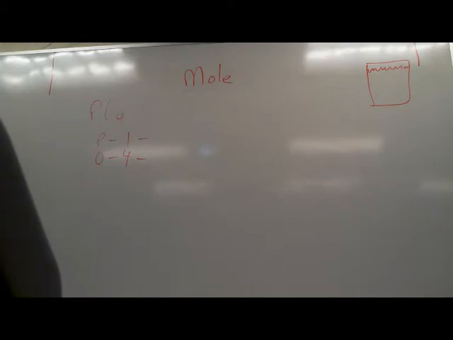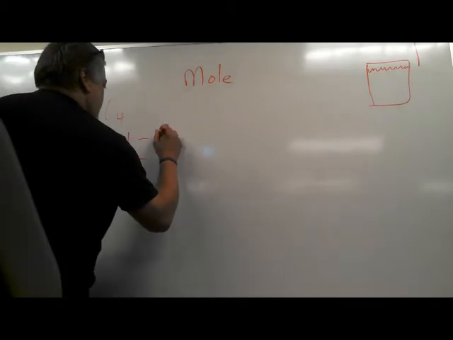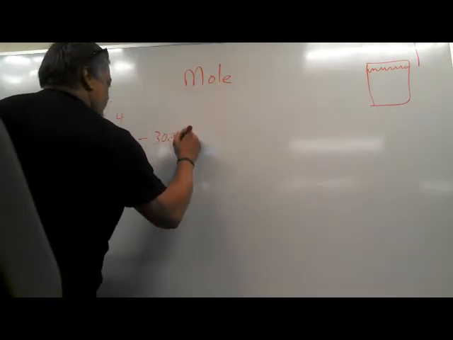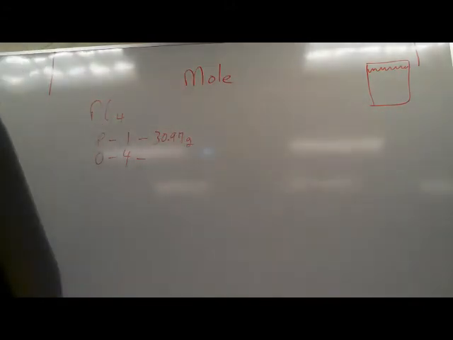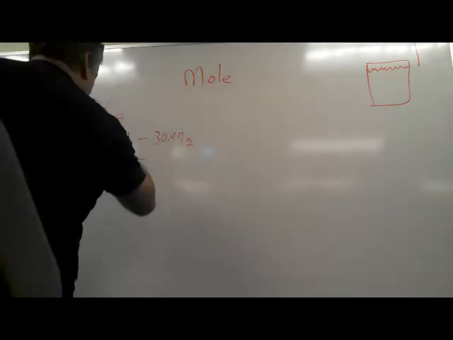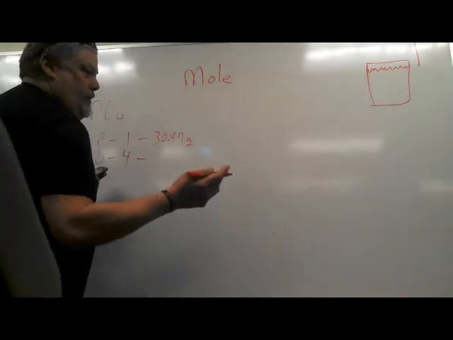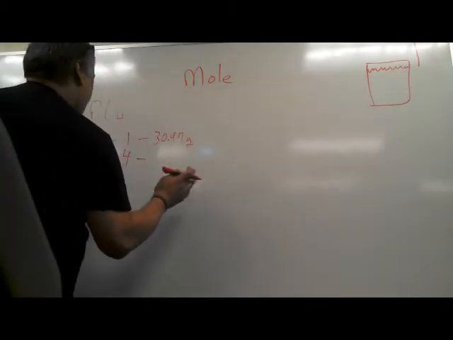So 30.97 for phosphorus. Remember, we're just taking the atomic mass and putting a gram symbol at the end of it. Gotta get my calculator for this one. Oxygen. Some say 15.999.